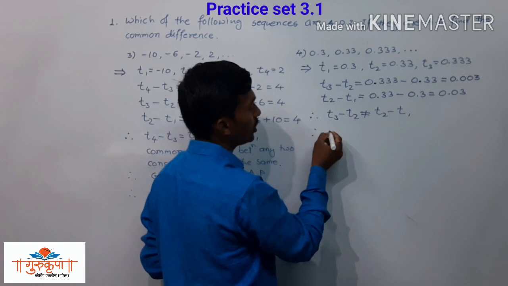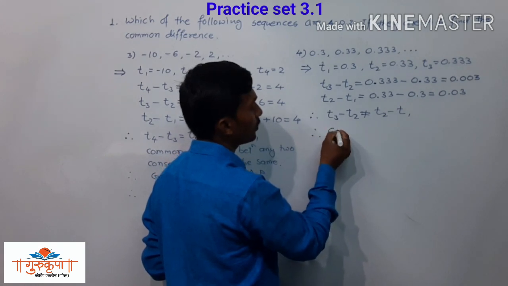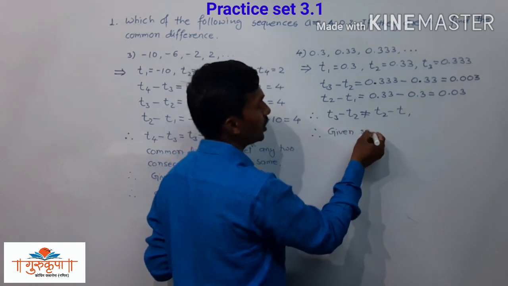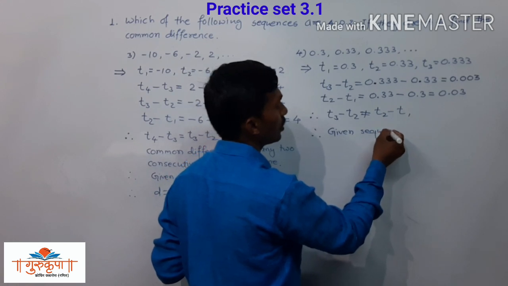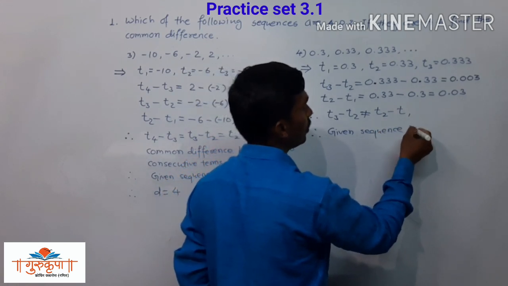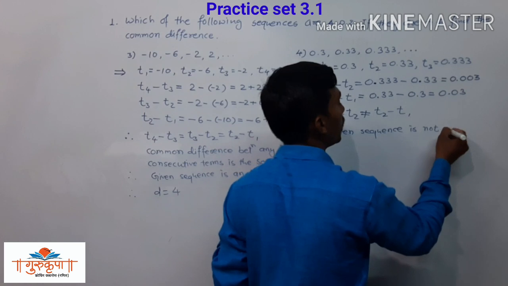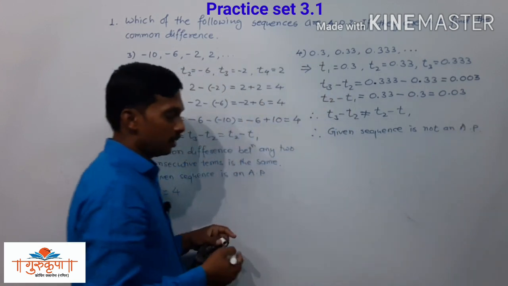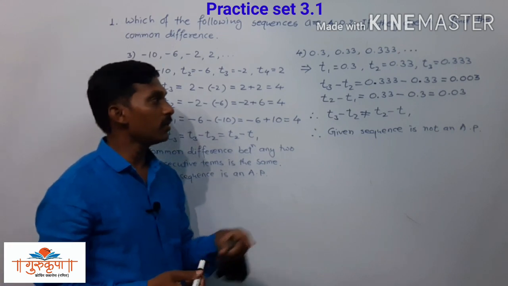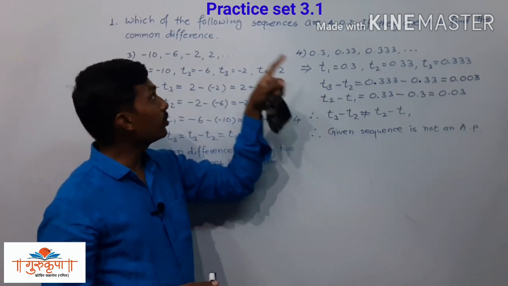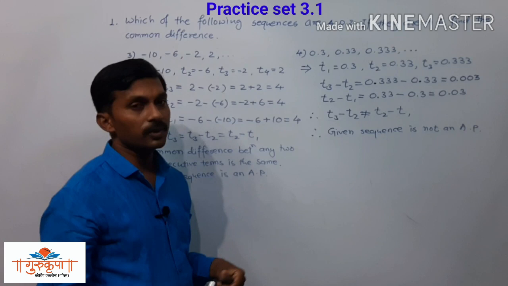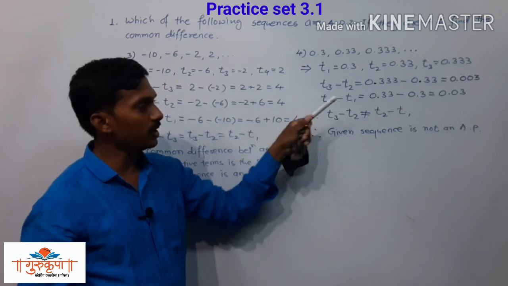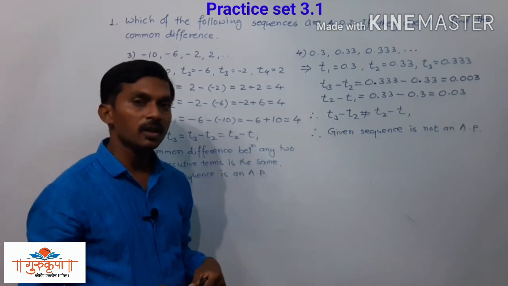Therefore the given sequence is not an AP. Now, since it is not an AP, we do not write the common difference. Only if it is an AP do we have to write the common difference.